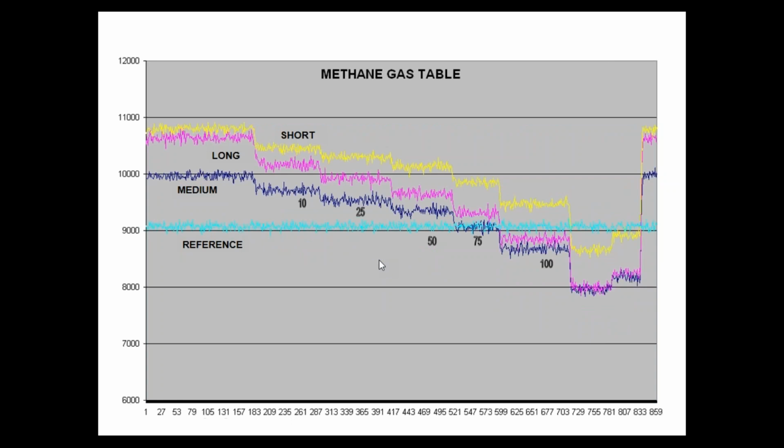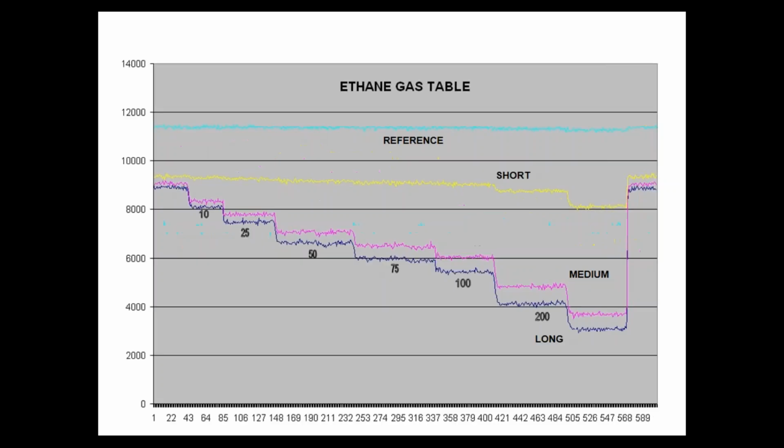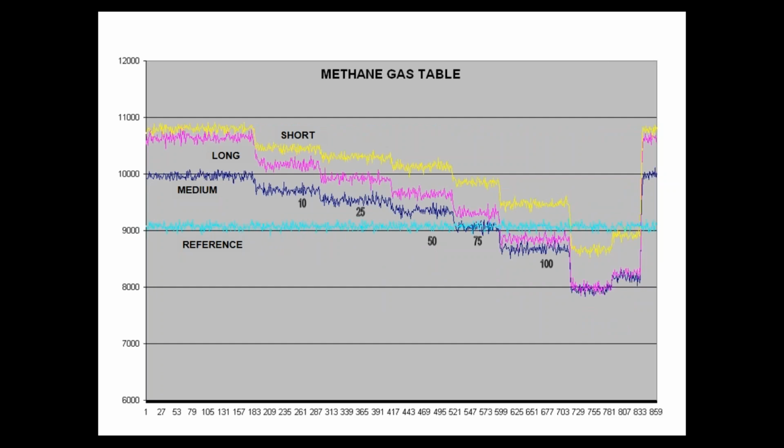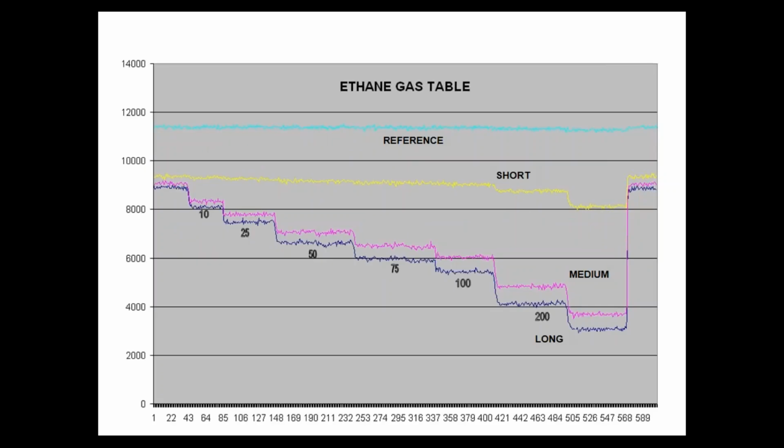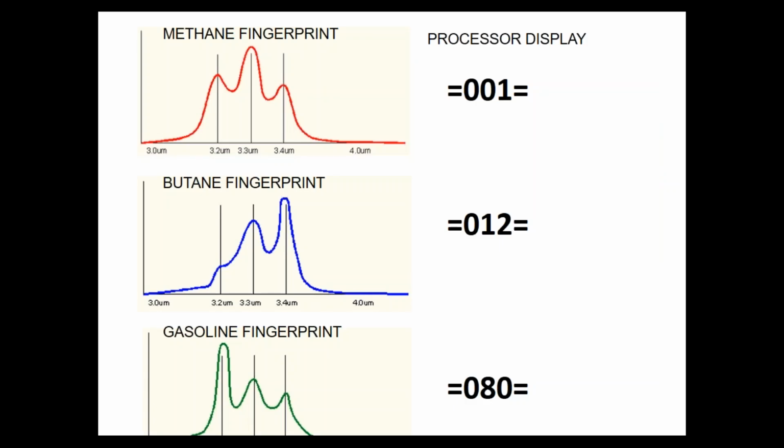So if you look at the difference between those 2 graphs, you can see there's a very easy way for me, using software, to say, hey, I can tell the difference between ethane and methane. And in fact, I've done this one, which is a little different.